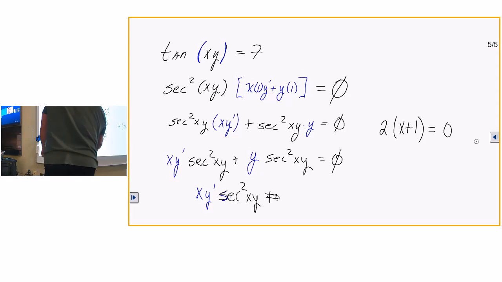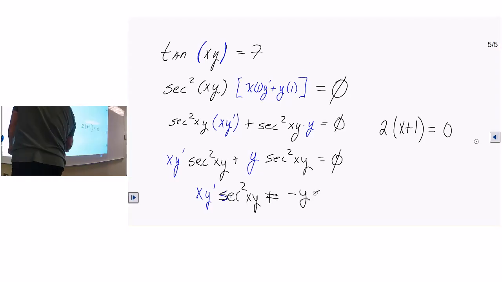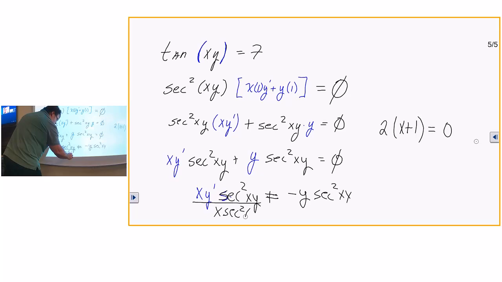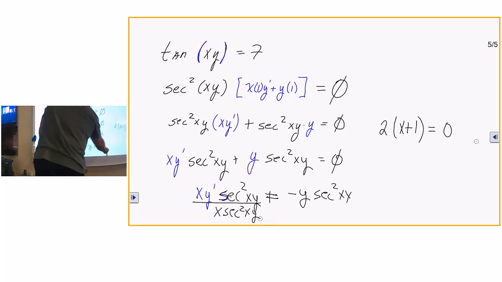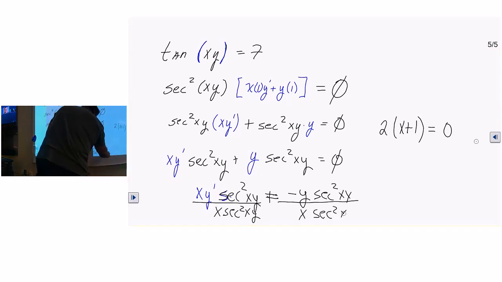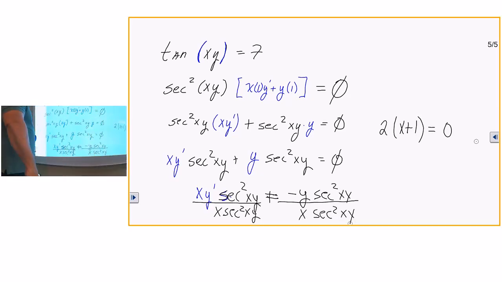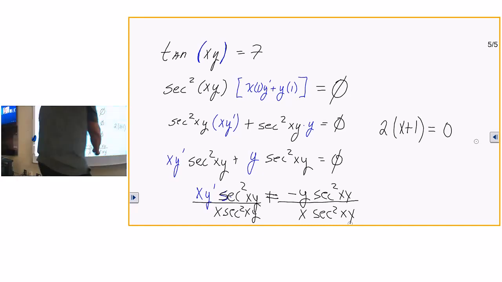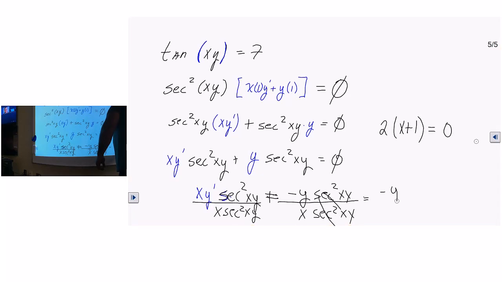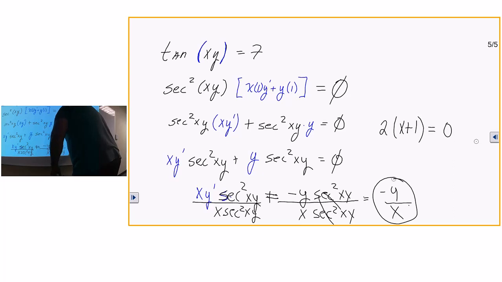And now I'm going to divide by what? X secant squared xy. And what happens to the secant squared xy's? They cancel, and you're left with negative y over x.